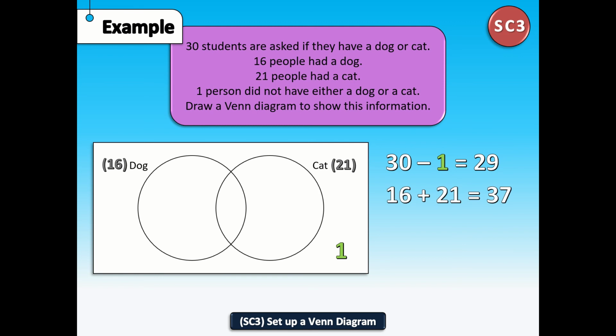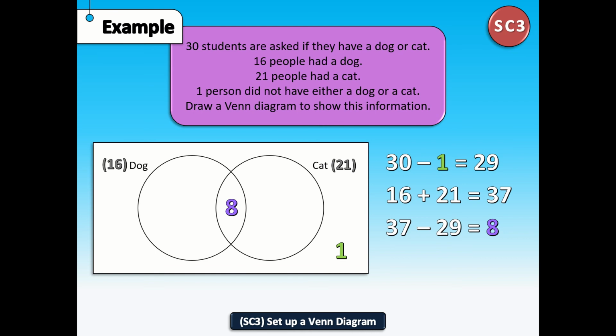Now to work out how many people have both, we can add together the amount of people that have a dog and a cat, so that's 37, and take away the number of people that we're talking about. So that's 8. So the number of people that have a cat and a dog is 8.